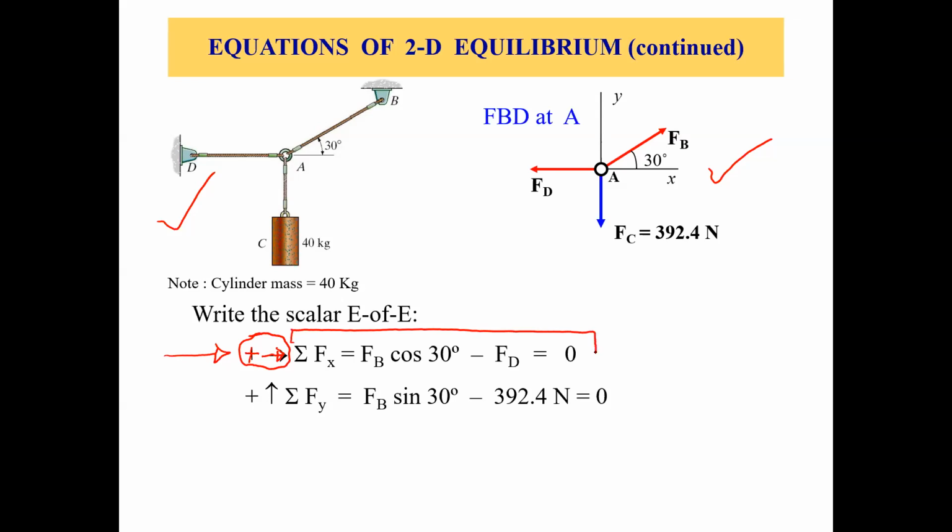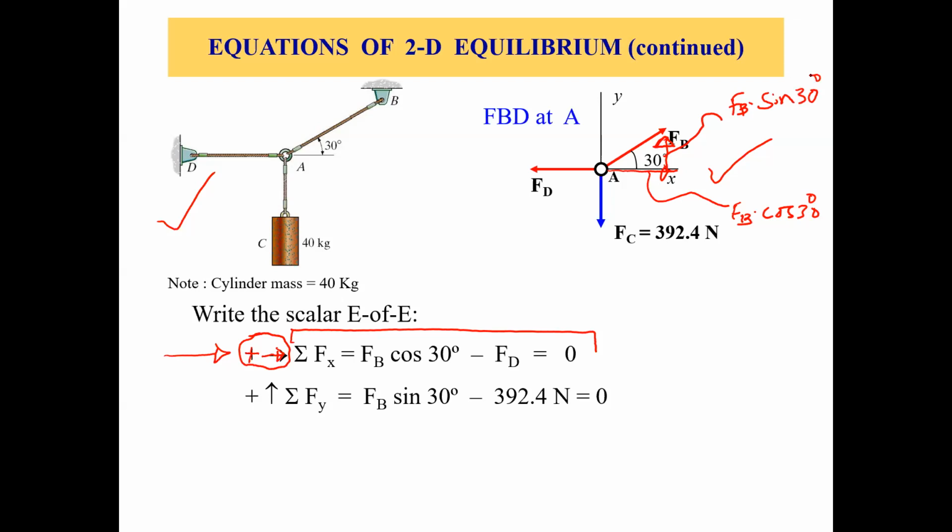Now, come back to the free body diagram and see what forces are there in the x direction. We know how to resolve a force into components, right? So let's resolve this FB into two components. This one is FB times cosine of 30 degrees, and this one is FB times sine of 30 degrees.